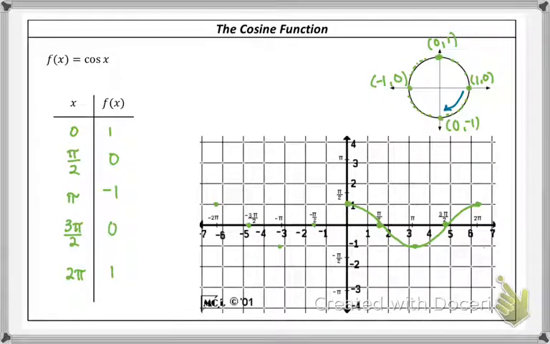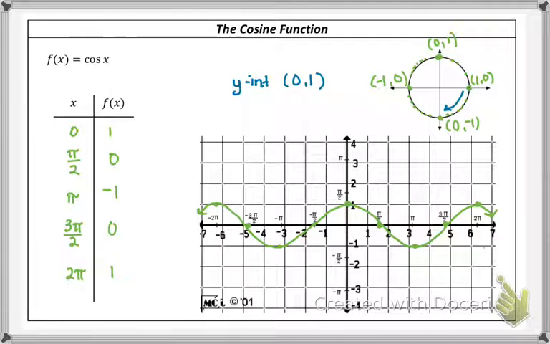Okay, and so again, it's a wave that continues, very similar, except in this case, the y-intercept is not at 0, 0, it is at 0, 1.